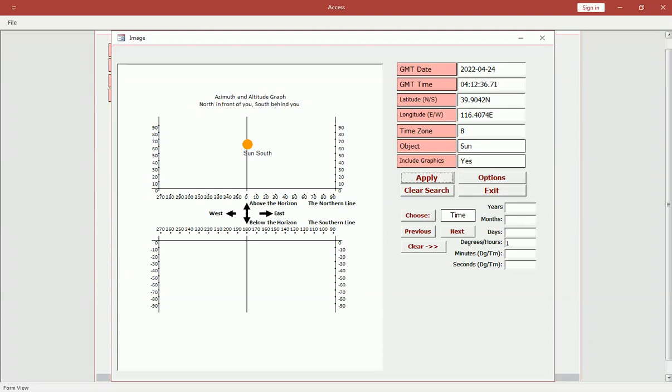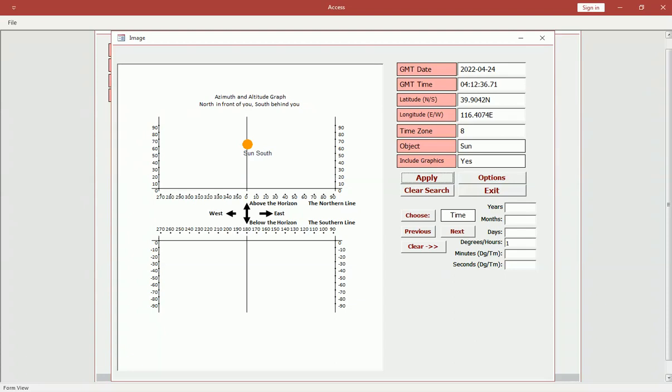Now the sun is classified in this position as south. Therefore, we need to use the lower scale, the southern line. If it was north, then we would use the upper scale, the northern line.